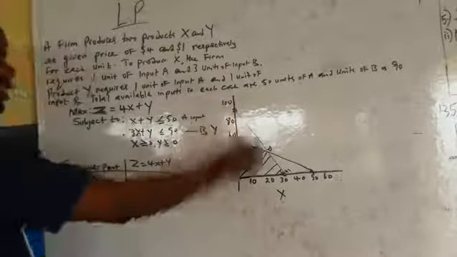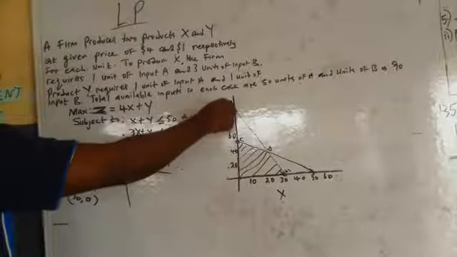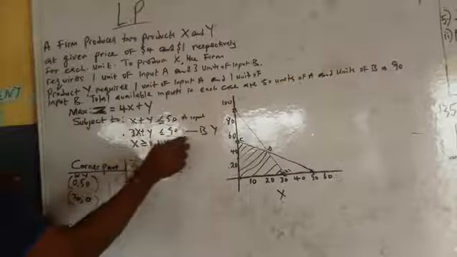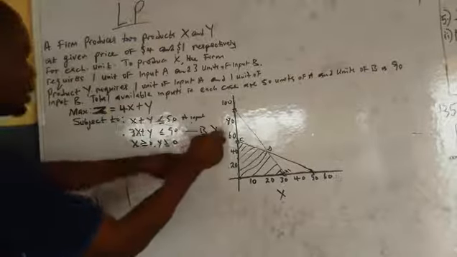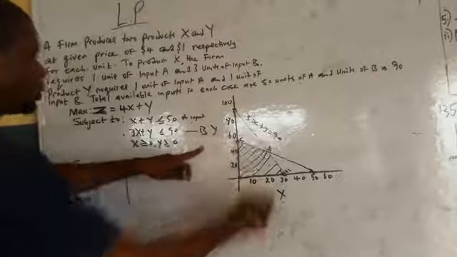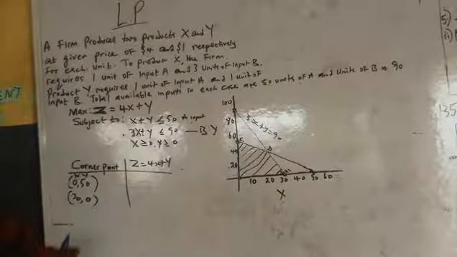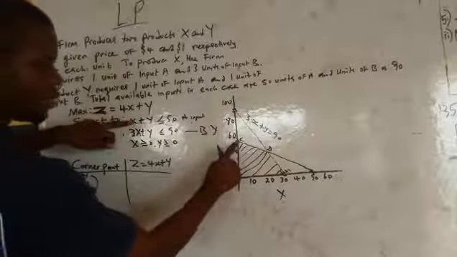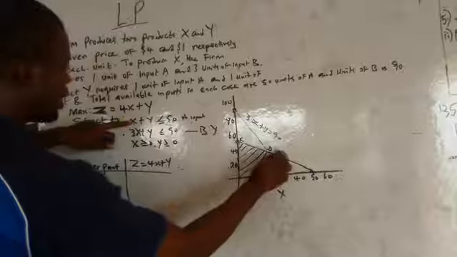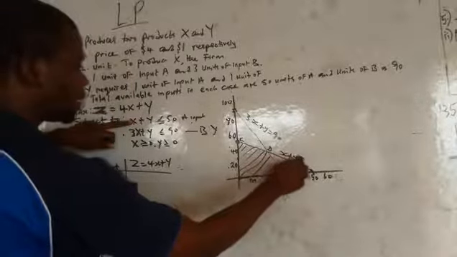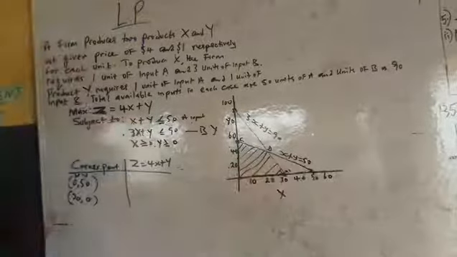So the equation that gives us this is 3x plus y equals 90. And the equation that gives us this one is x plus y equals 50.